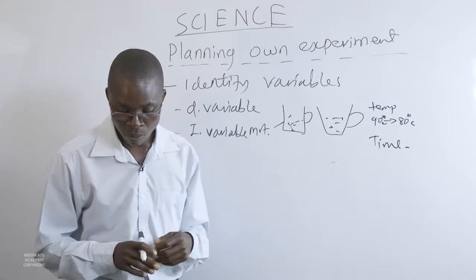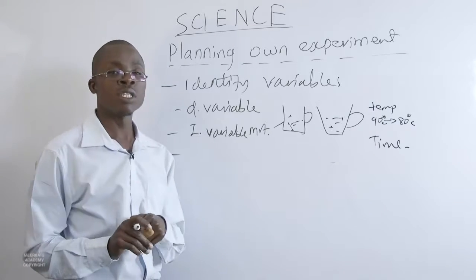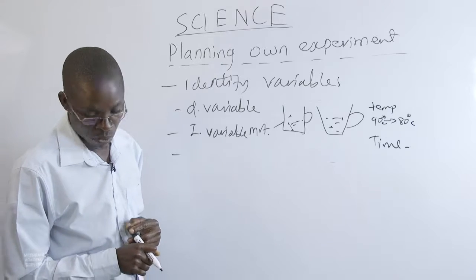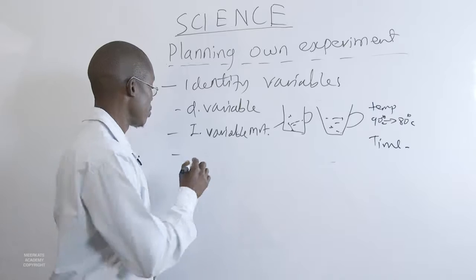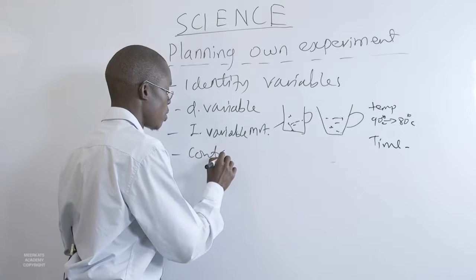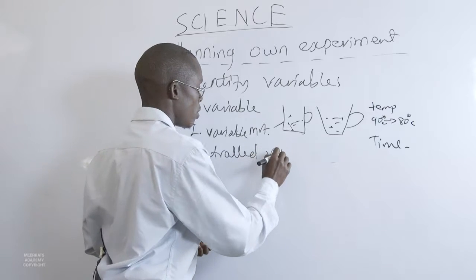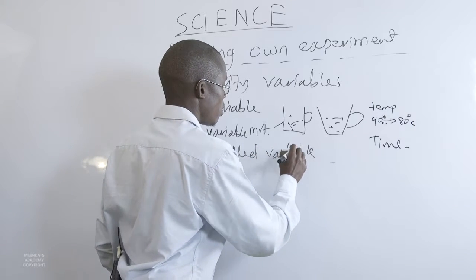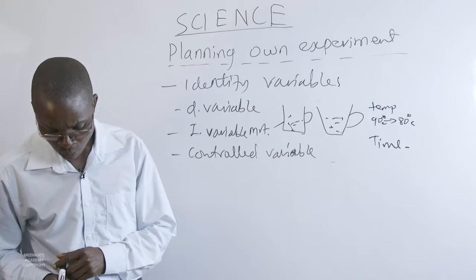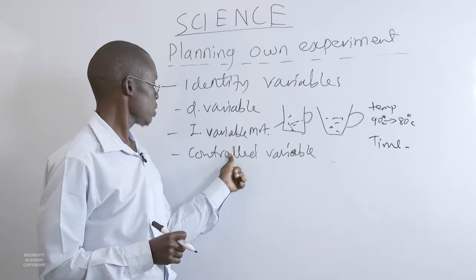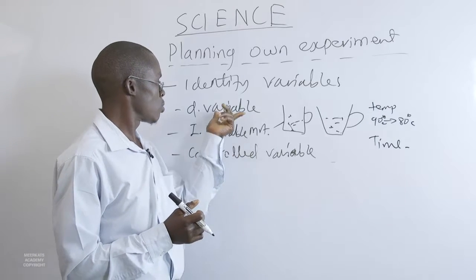Then lastly, we also have what we call a controlled variable, or controllable variable. Now, when you are talking about a controlled variable, this is similar to the first one.